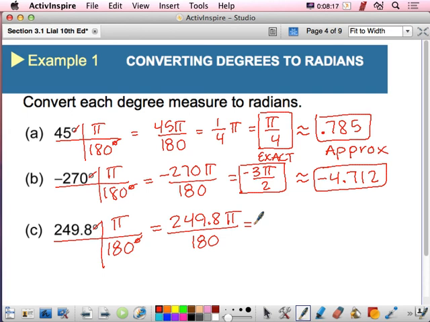So I'm going to type in 249.8 divided by 180. Remember not to type the pi in right now. We want to leave it as a fraction, and we can't do that if we enter the pi. All right, if I convert that to a fraction, I get 1,249 over 900. So that's how many radians that is.